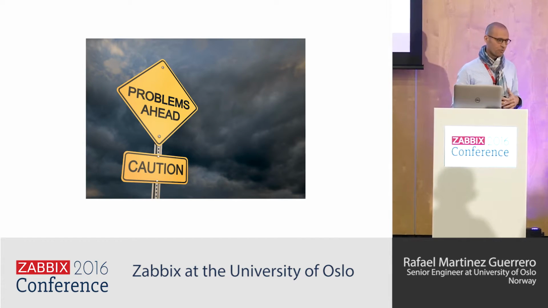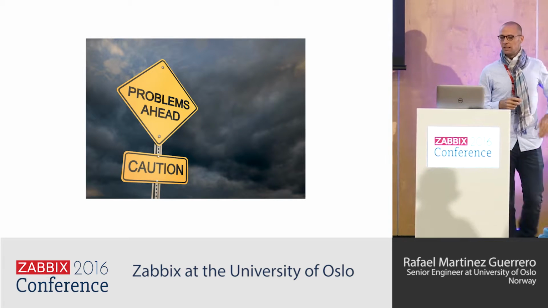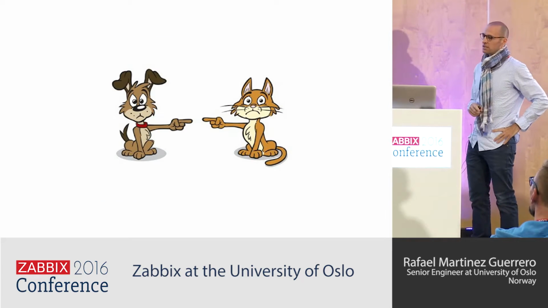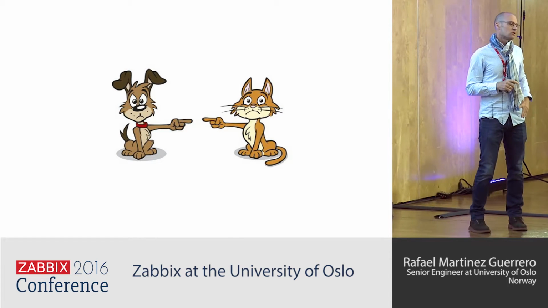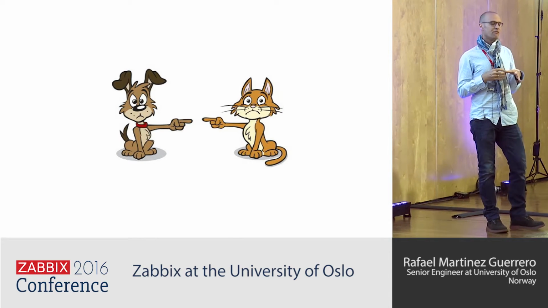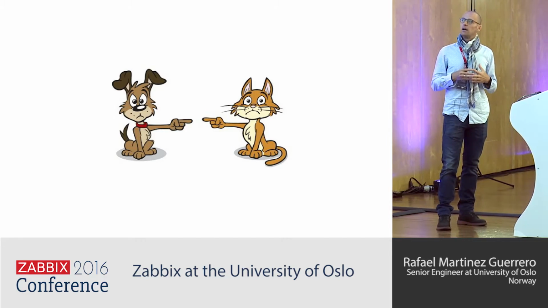We have had some problems too during this time. The first type of problems we had in the beginning were difficult to explain. We really didn't know what was happening, especially with the Zabbix agent and external checks.